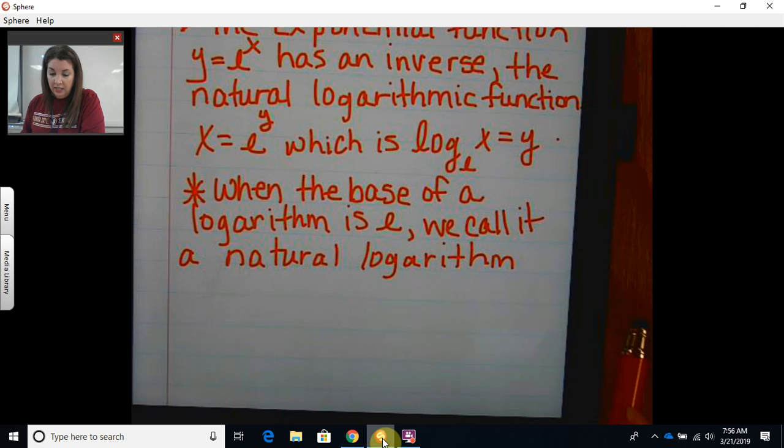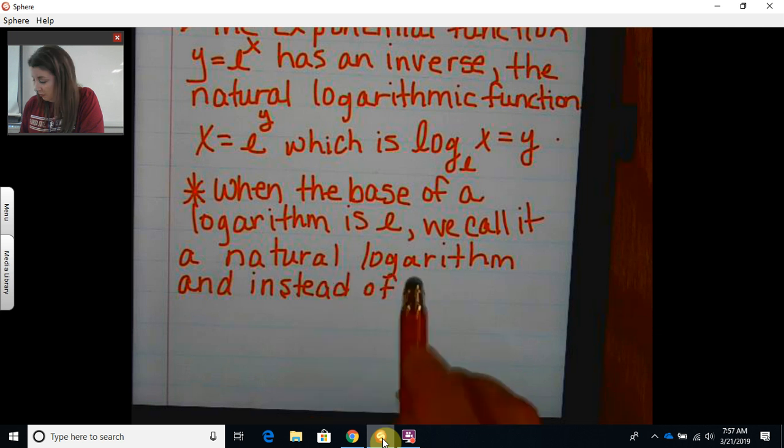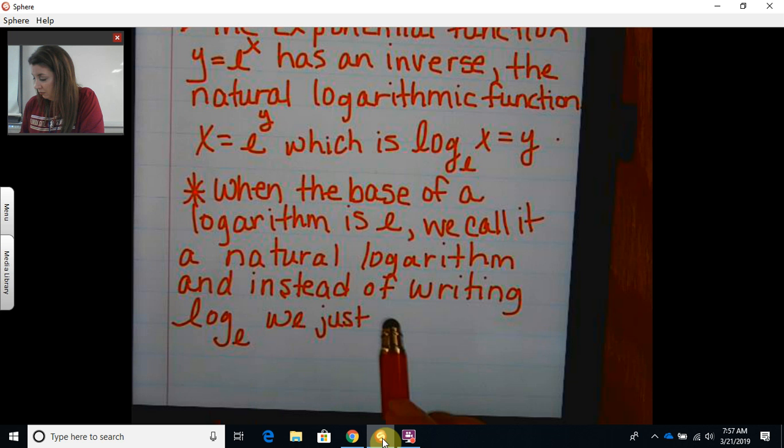And instead of writing log base e, we just write ln.